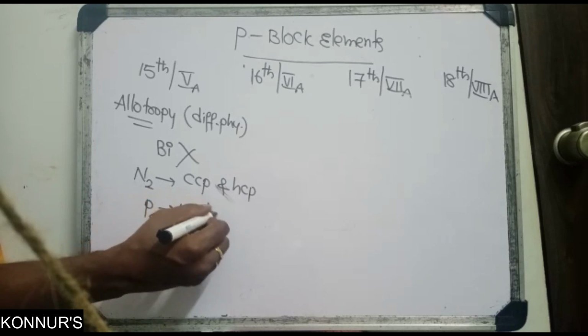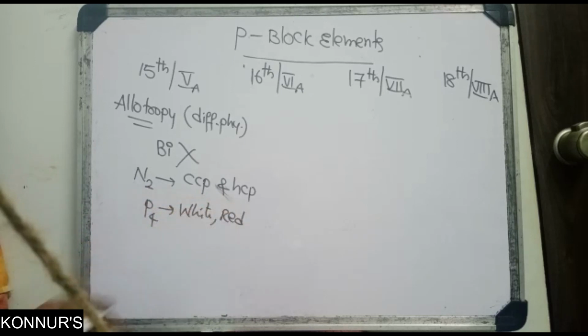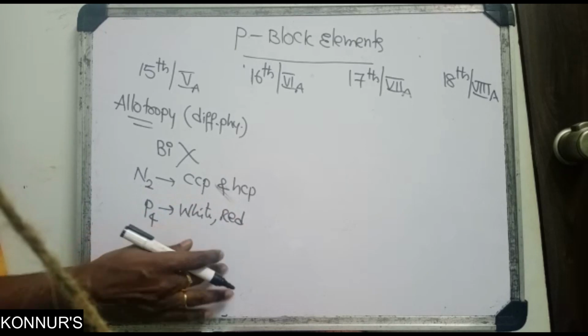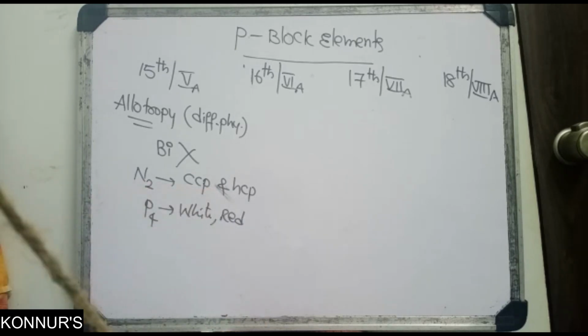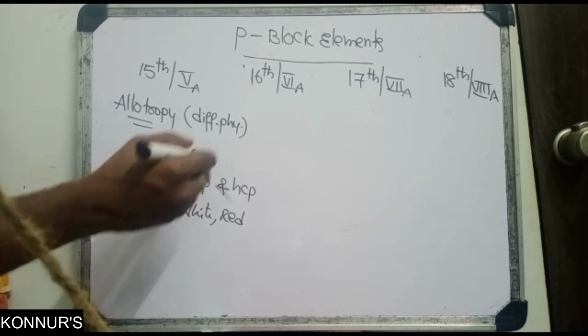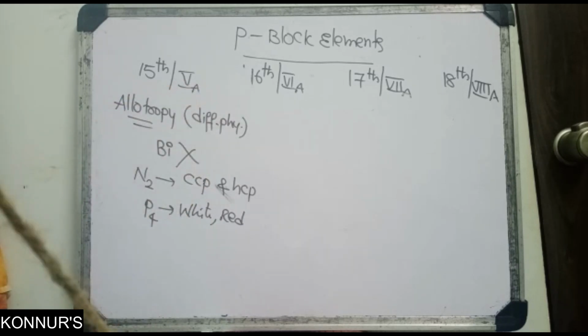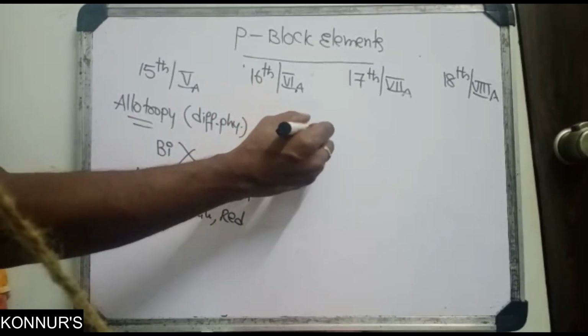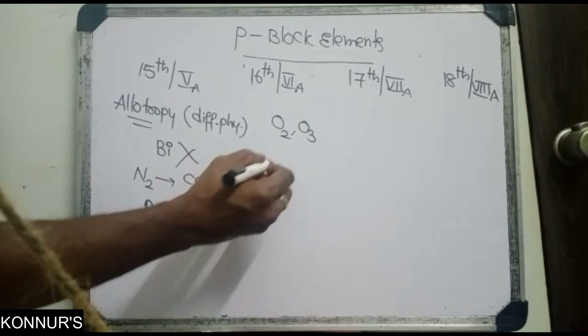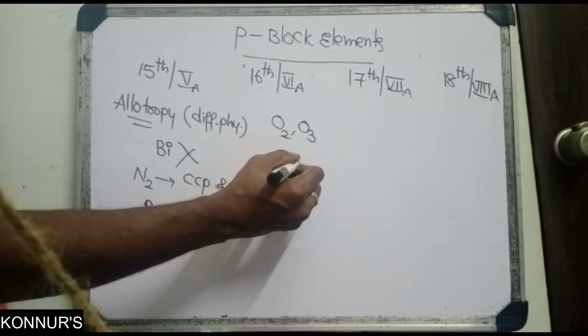Next, phosphorus: white phosphorus, red phosphorus. These two are famous. Scarlet and others it also shows. Remaining ones also are showing it. Next, allotropy here: oxygen and ozone, and sulfur S8.